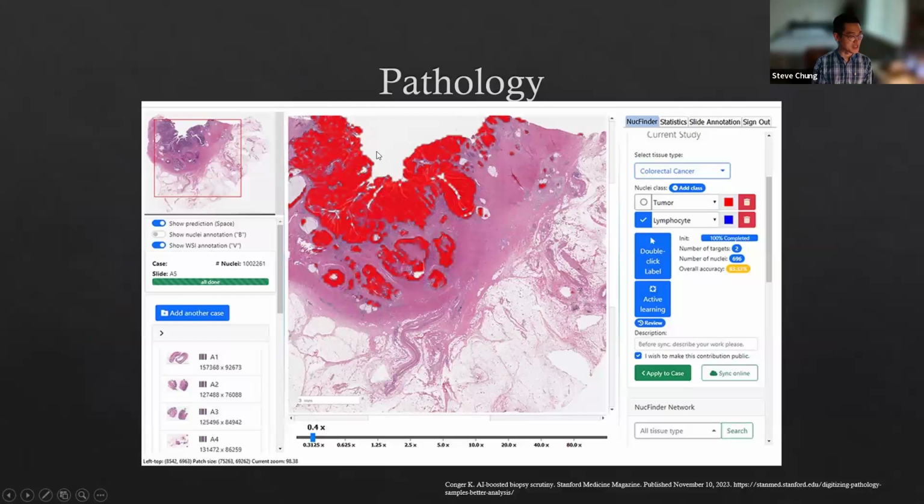Here I have an example of pathology, and this is one of the programs that they use. It is one of the cross-sectional slices from a tissue specimen. On the left and bottom left, you have different types of slices, and the machine learning works by identifying certain structures and labeling them, such as the cell type.